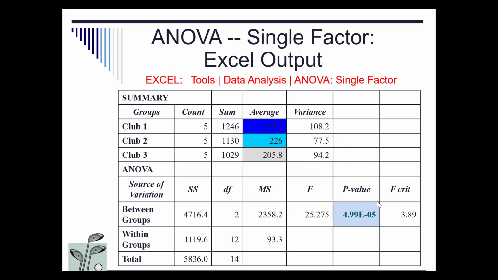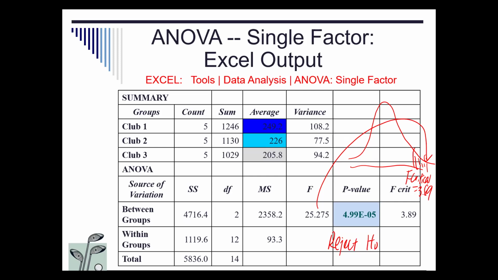And then we get the F value and P value, and since the F value is much bigger than the critical F value, based on this distribution, this is in the rejection region. So the F test statistic is in the rejection region, right? So reject H0.